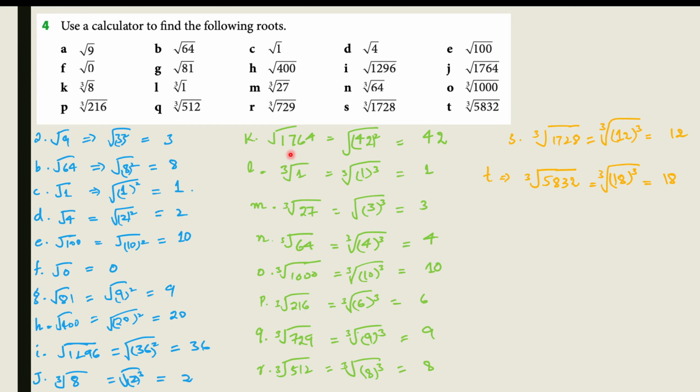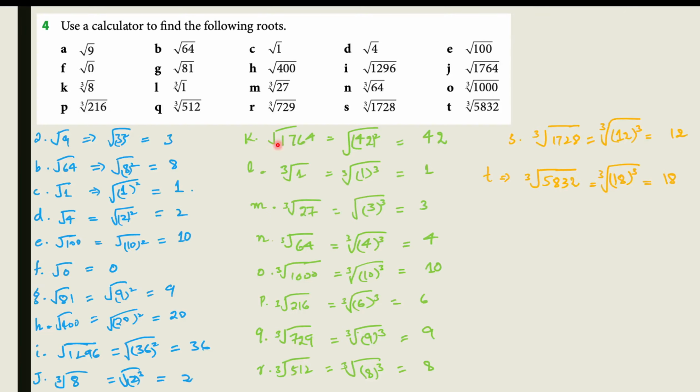Next part is the cube root of the square root of 1764. So the square root of 1764 is equal to 42, because 42 multiplied by 42 is equal to 1764.